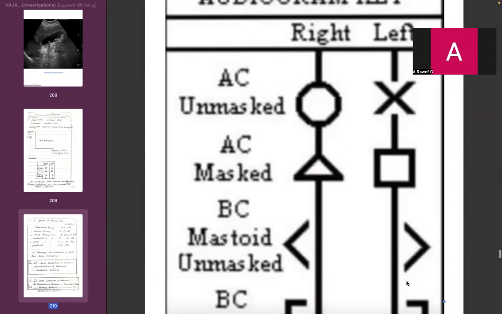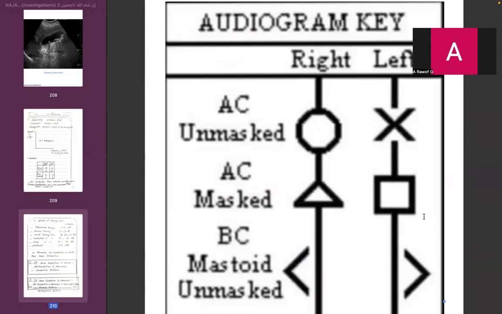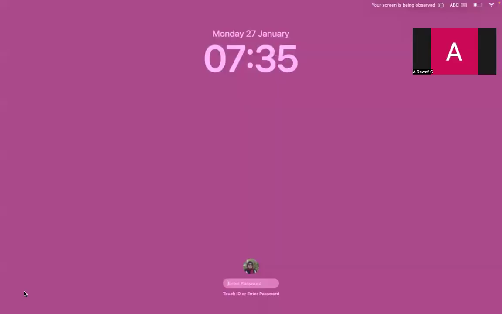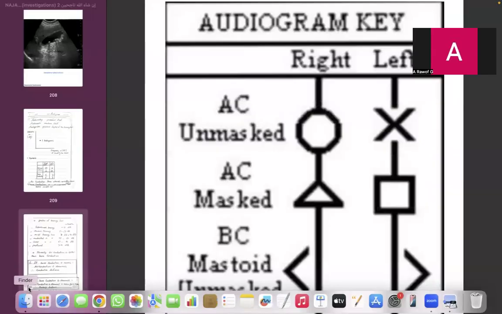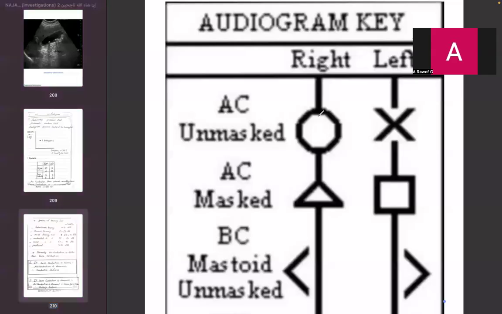So I told you already about the symbols. Air conduction unmasked we use for the right ear, a circle, and masked is a triangle.